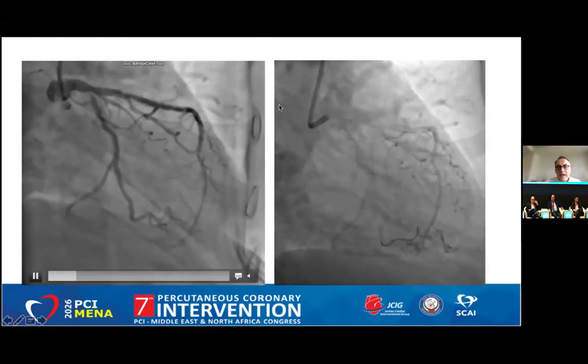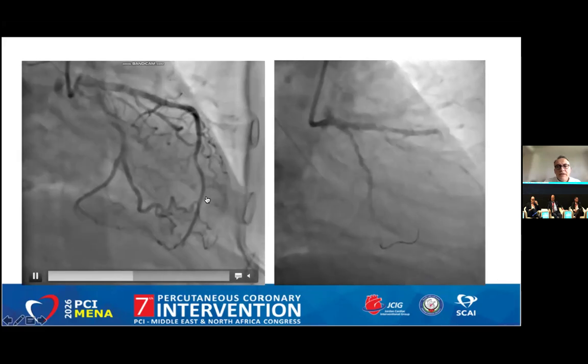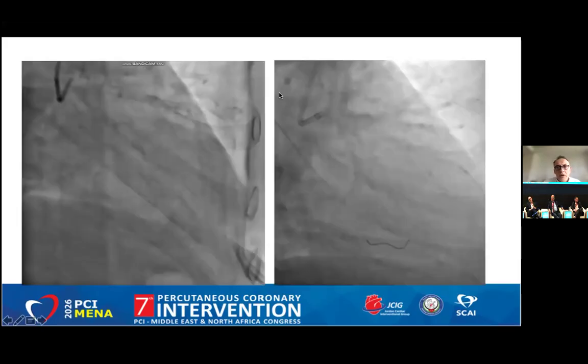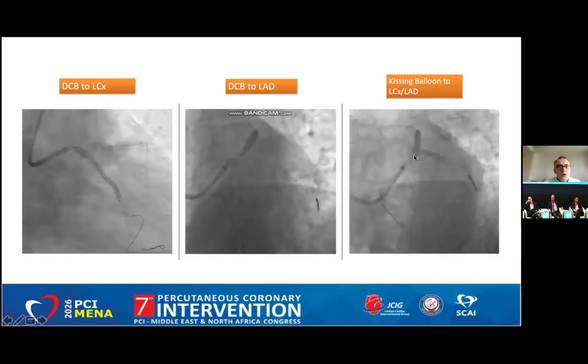You know, we have a nice lumen now, but of course not enough. We have to do some preparation. After preparation, we did a long DCB to the CX and another DCB to the LAD. We did, you know, minimal kissing balloon here. Normally we don't do that much kissing balloon at the bifurcation because of the calcification risk, but this is left main and we have minimal kissing, and we believe that this is safe for this left main.